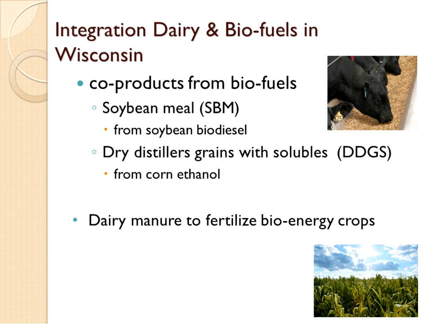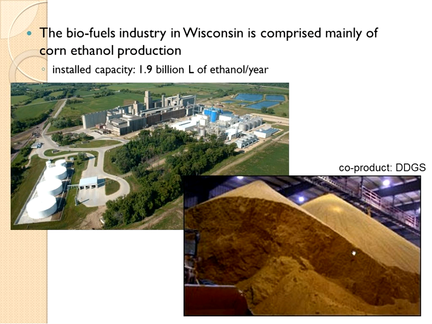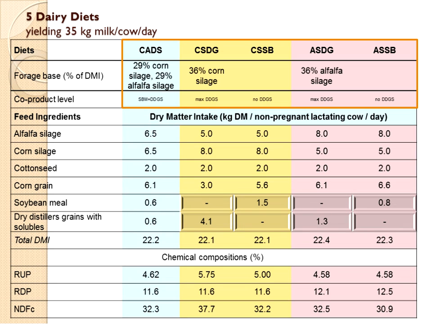So this is a unique aspect of dairy production systems in the upper Midwest, this close proximity between dairy production and distillers grains. That's one of the things we got interested in.